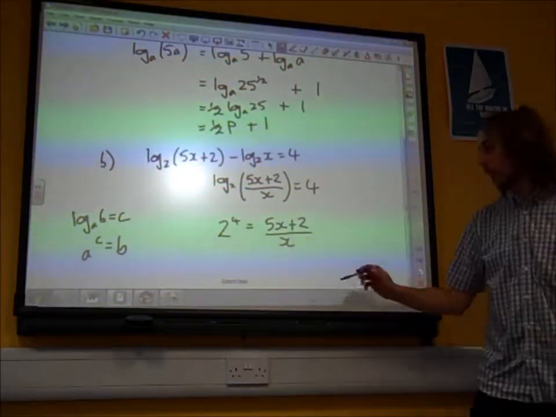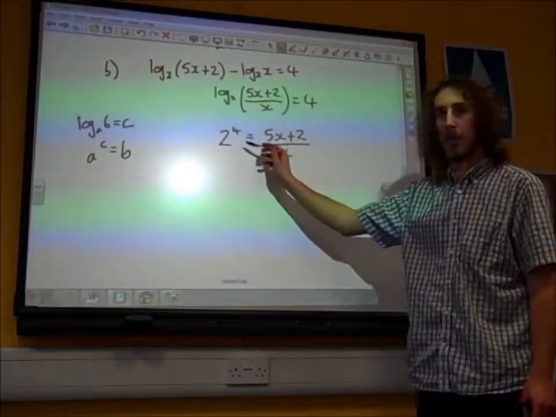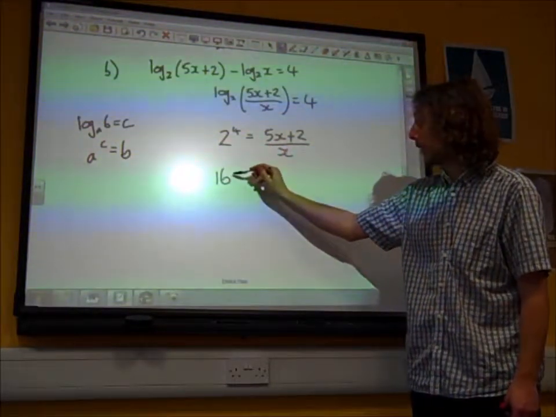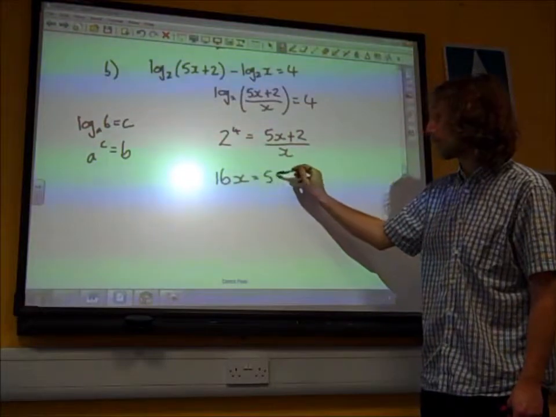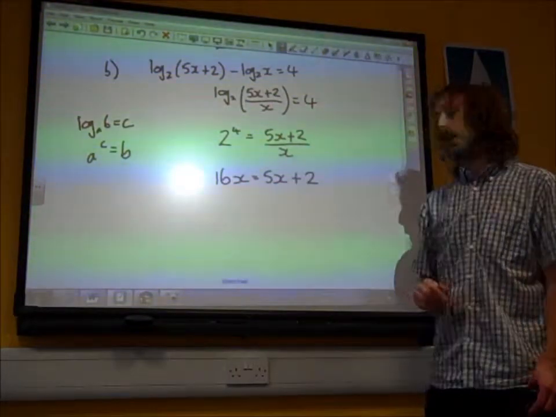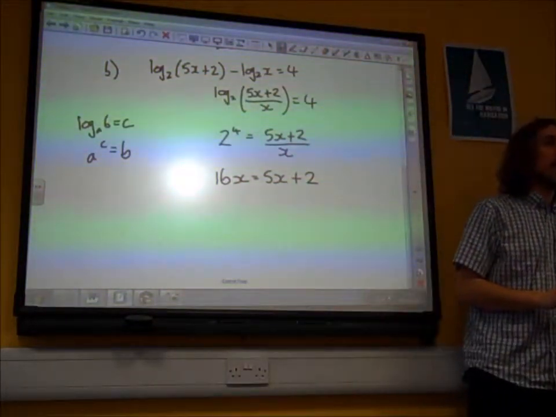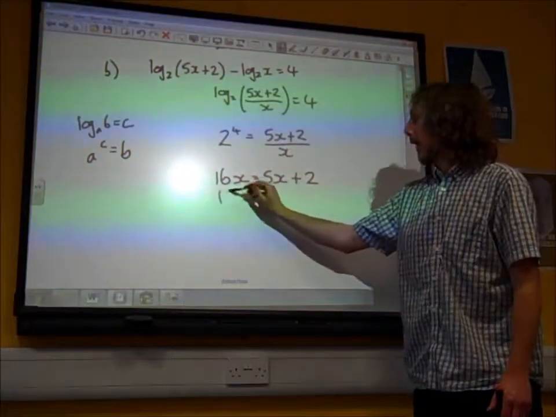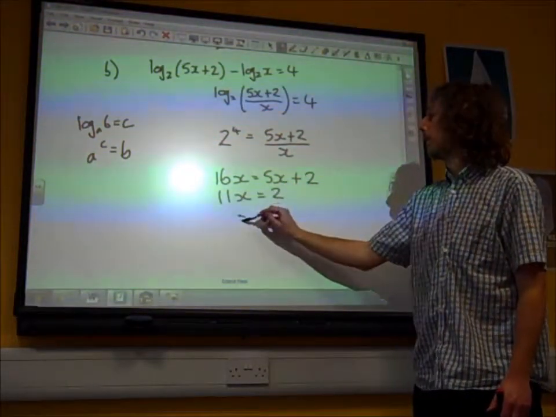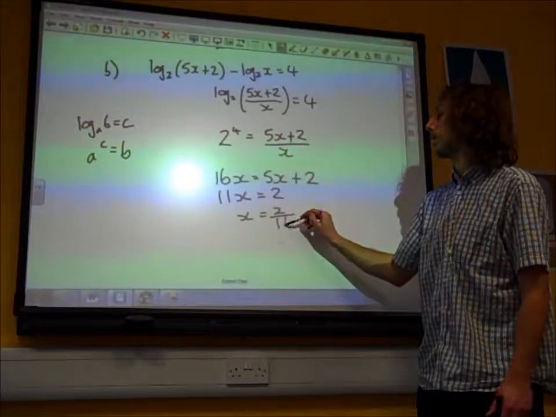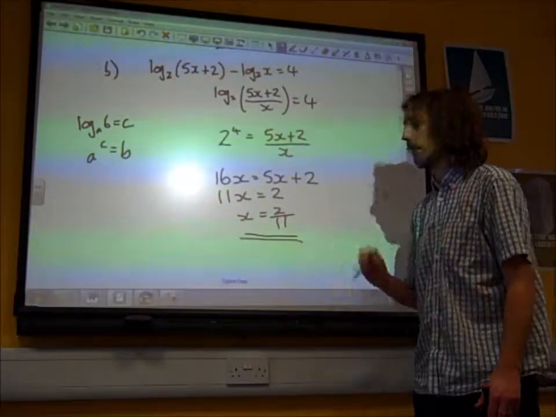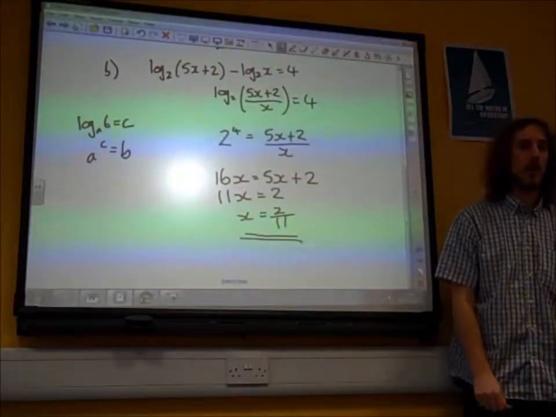And now we've got an equation we can work with. Let's get that x up onto the same line. So we've got 16, 2 to the 4, x is 5x plus 2. So 11x equals 2, so x is 2/11. And we've solved that one as well.